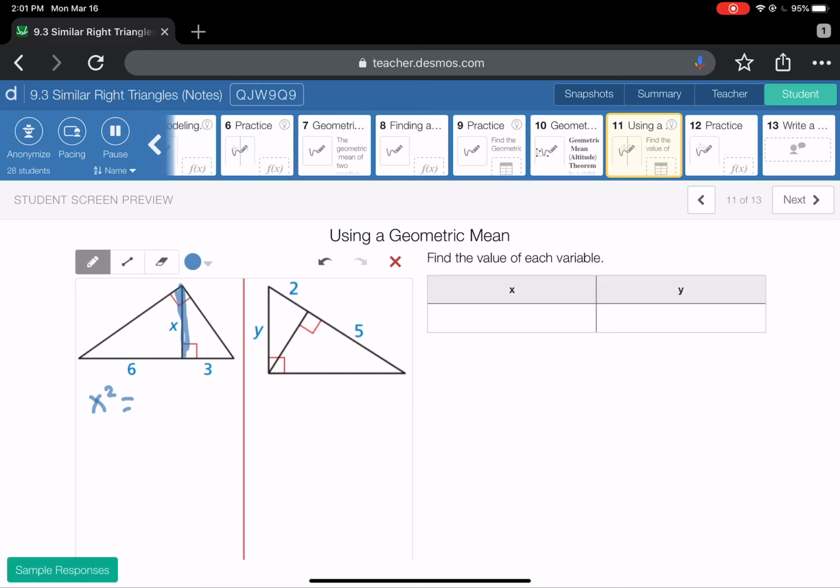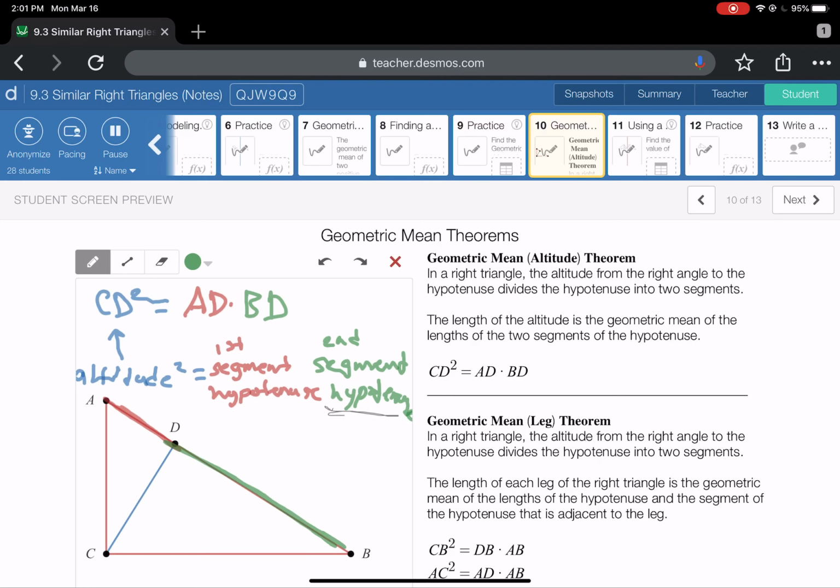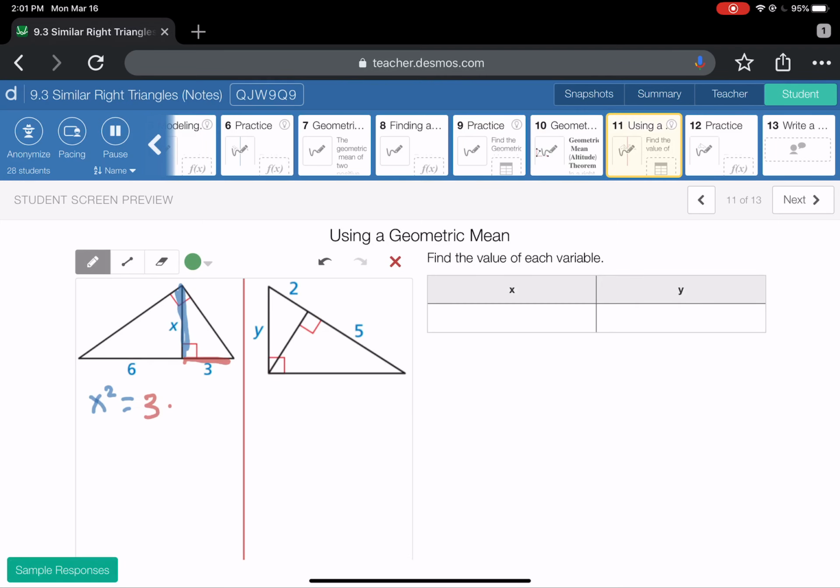So let's go back here. We're going to call this 3 a segment of the hypotenuse, so our first segment is 3. We're going to multiply that times our second segment of the hypotenuse, which is 6. So we're going to do 3 times 6.